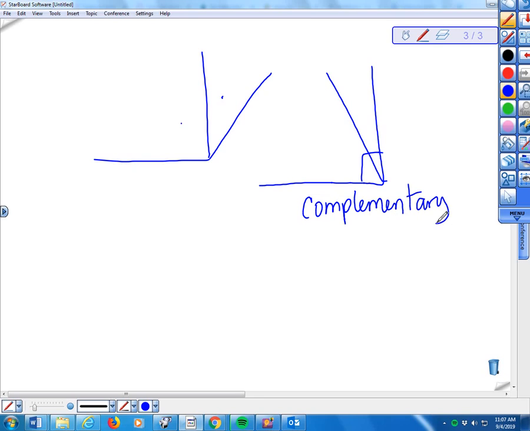Two adjacent angles that add up to 90 degrees are called complementary. Now, I should tell you also that you can have complementary angles that are non-adjacent.